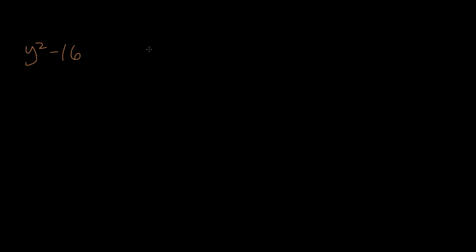So the difference of squares rule basically says that if you have something like a squared minus b squared, that is the same thing as a plus b times a minus b. So in this instance, our a squared is y squared, and our b squared is our 16.